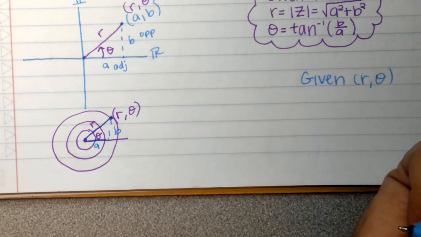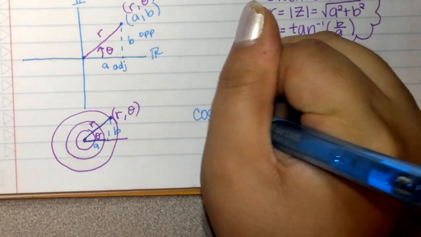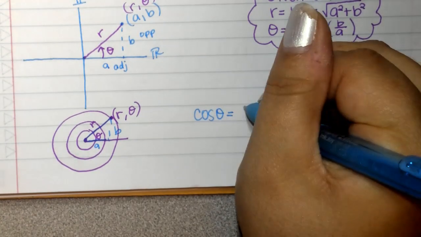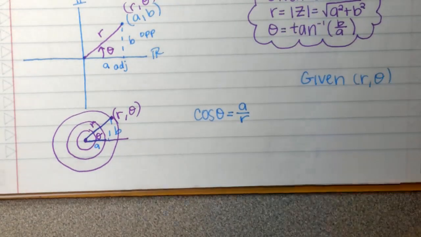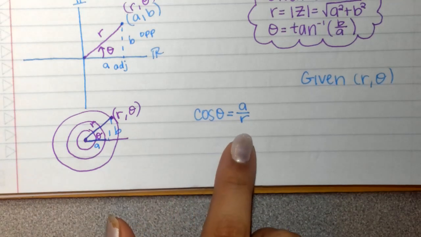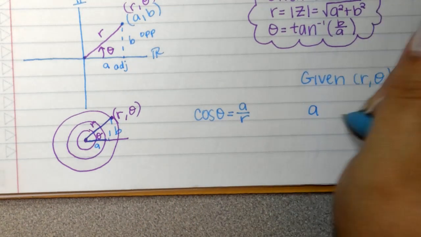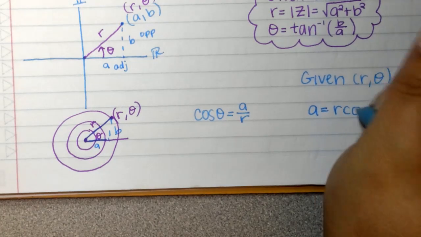So if I have adjacent and hypotenuse, I would do the cosine of theta is my adjacent over hypotenuse. But how do I find A? How do I get A by itself? Multiply by R. So A is R cosine of theta.